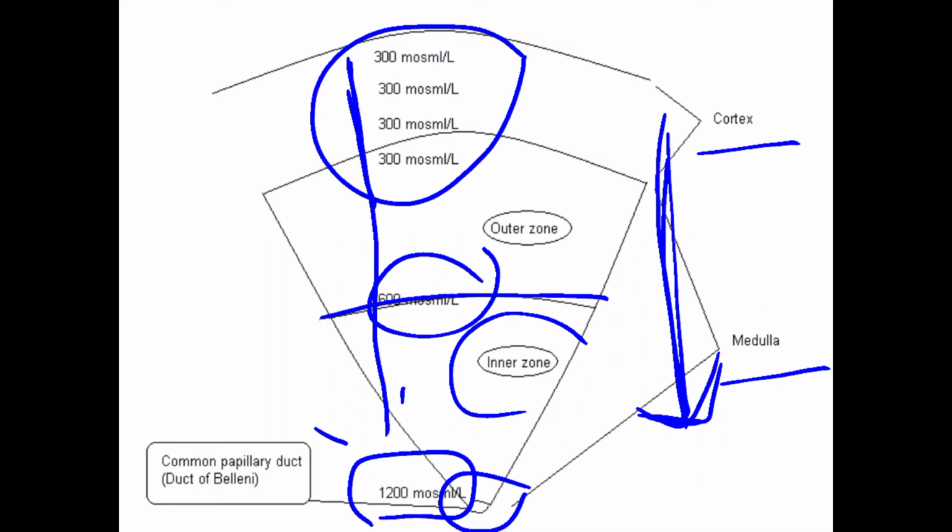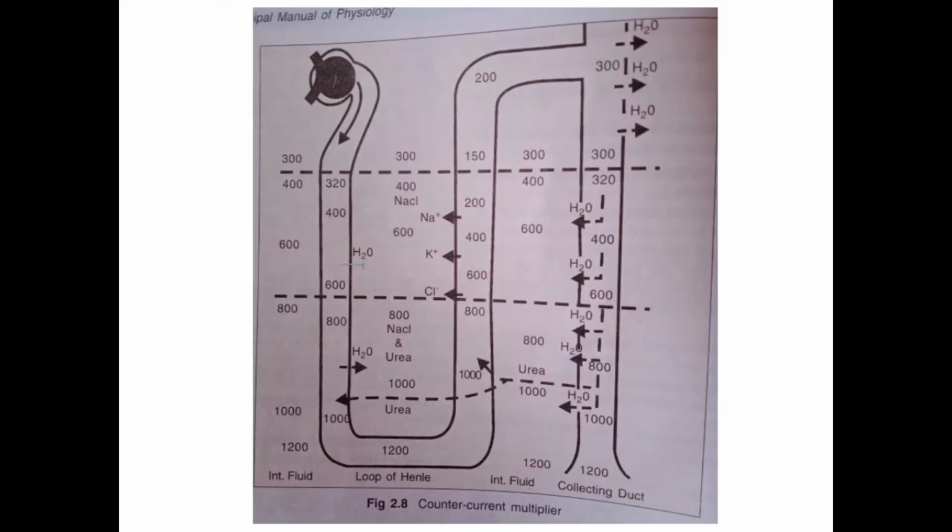From 300, when the filtrate reaches inside the medulla it becomes 600, and at the renal papilla it is 1200 milliosmolar. That is mainly due to the operation of the loop of Henle of the juxtamedullary nephron. Very important: this loop of Henle acts as a counter current multiplier system. Next comes the counter current multiplier.